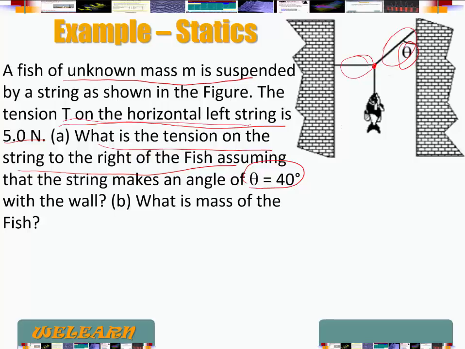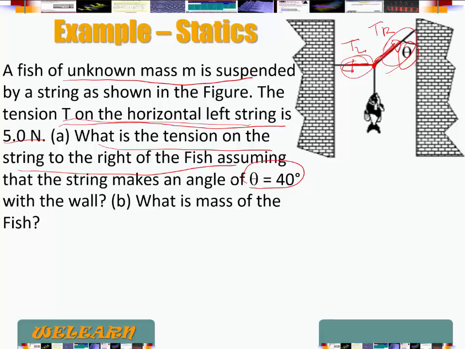So to the left of that point, we have a force pulling it this way. That's the tension, let's call it TL, that is 5 newtons. And then there is a force pulling it this way. That's TR. That's the tension due to this string.